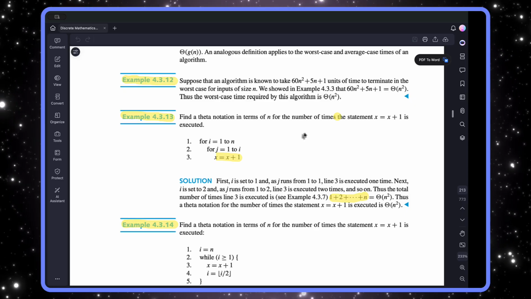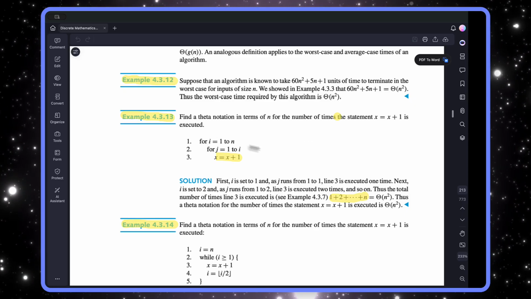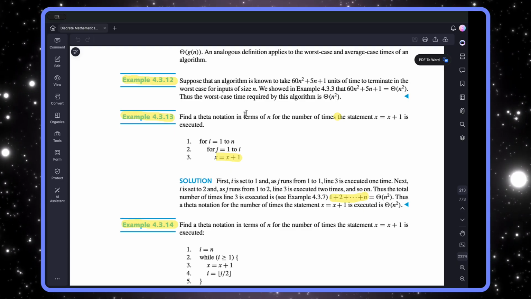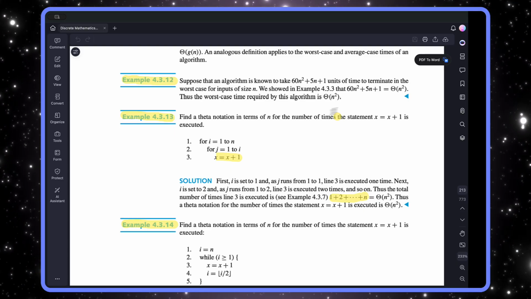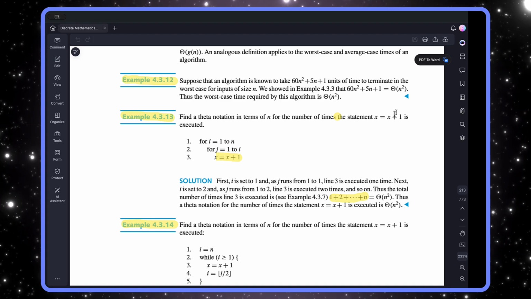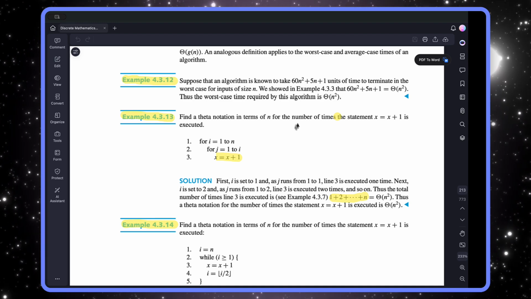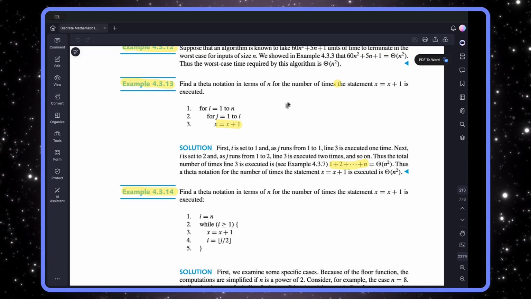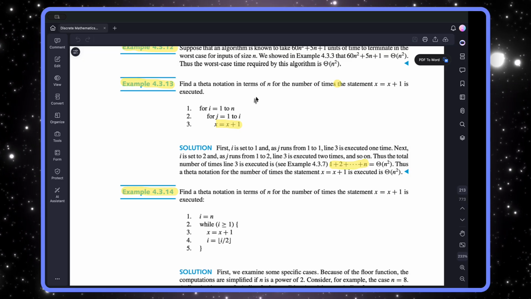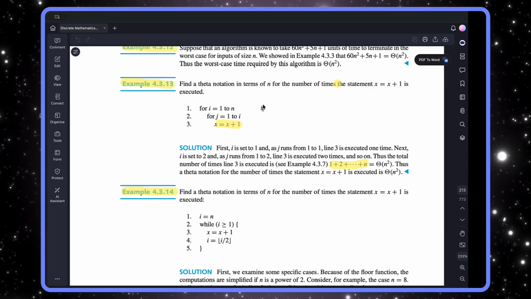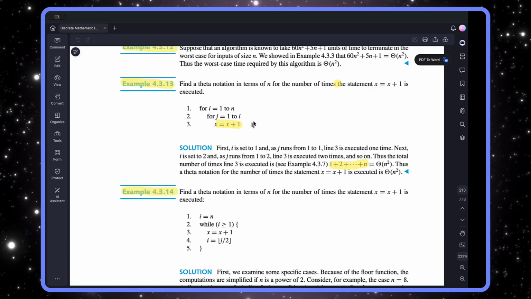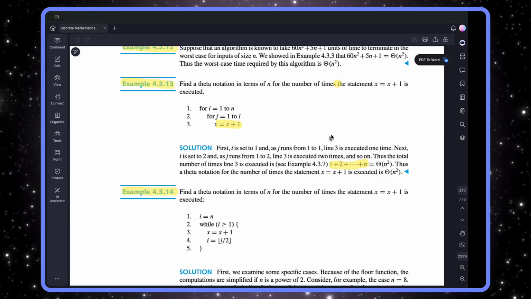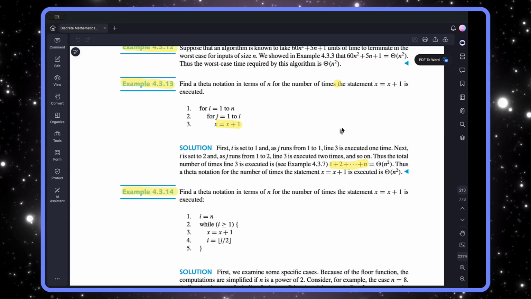Another example here. Here's a good type of question. Find the theta notation in terms of n for the number of times the statement x equals x plus 1 is executed. And here's our algorithm. For i equals 1 to n, and then for j equals 1 to i, you calculate. Looking down here, you can see that when i is 1, it calculates once.